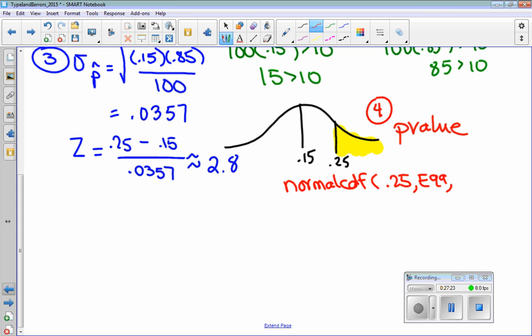Go ahead. That's our mean, which is? Good. Excellent. And that's going to be our p-value. I don't have to multiply it by 2 because it's not a two-tailed test. It's just a single tail. So our p-value in this case is going to be, they got 0.0026. Does that sound right to you guys?